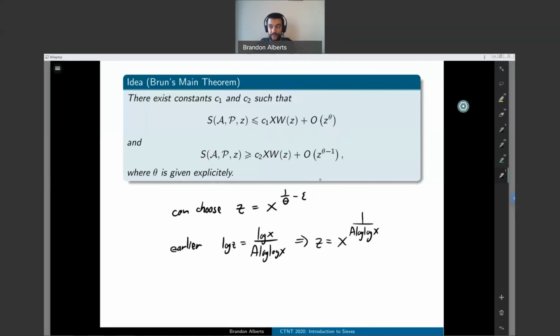And so that's another place where it might not be too surprising that Brun's extremely stronger result had to lose some accuracy on the main term, because we actually expect the constant out front to be different than just x times w of z. And so we had to have possibly a range here, so that there's room to put it in a different spot.